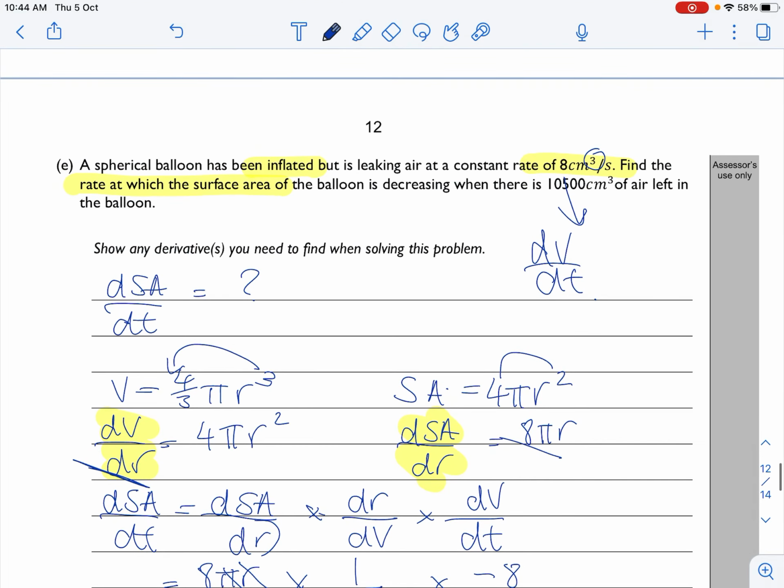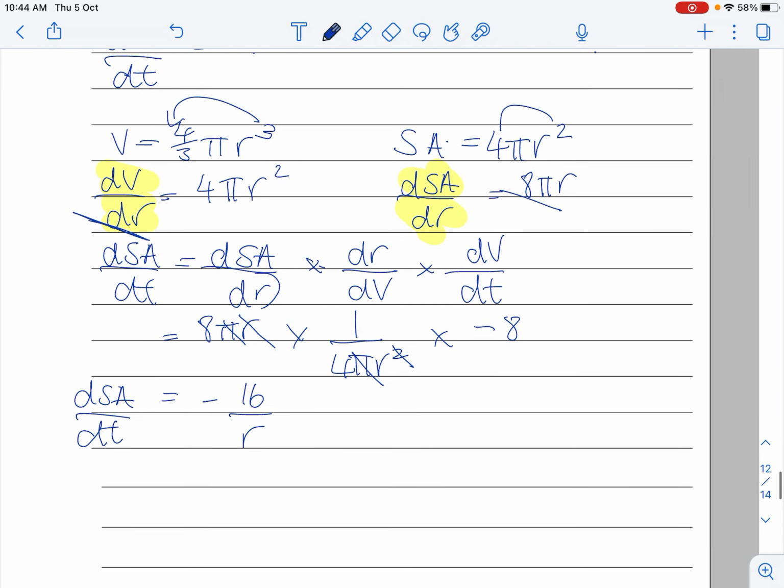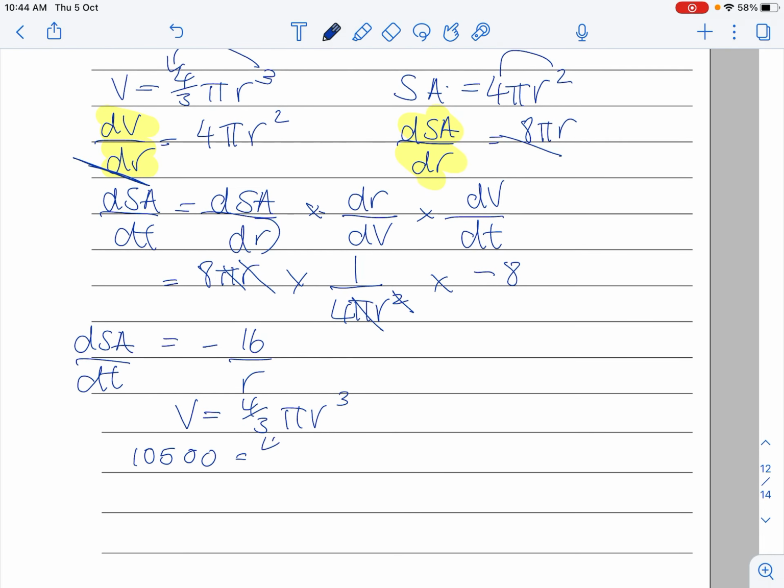We're actually asked to find it for a particular point, and that's when our volume is 10,500. So our volume formula is 4/3 pi r cubed. So we know that the volume is 10,500. Okay, so we're going to work out what our r is, and then we can substitute our r back into this one here.